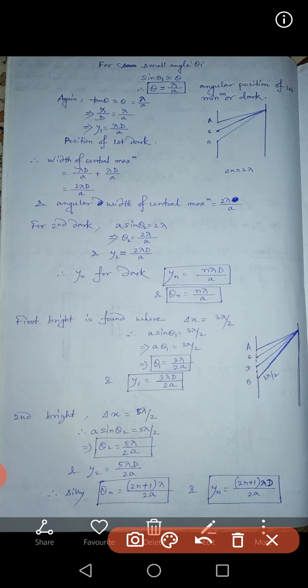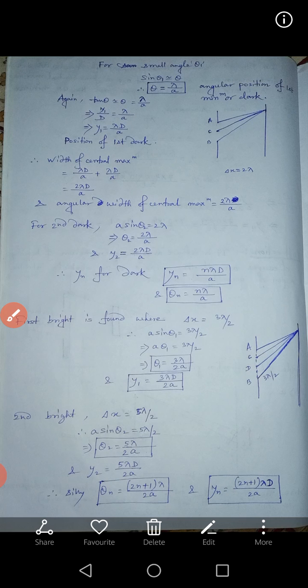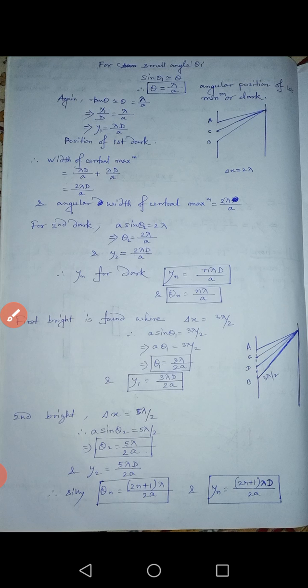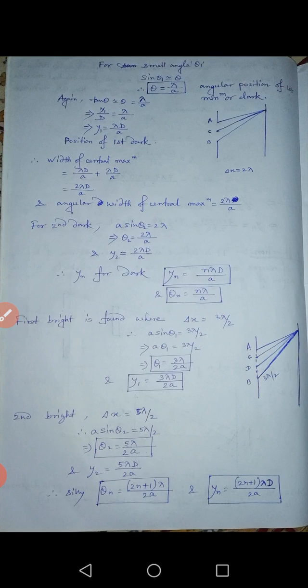As I already said, the central maximum will vanish as the first minimum is formed, or the central bright is vanished as soon as the first dark is formed. Now let us see the width of the central maximum.